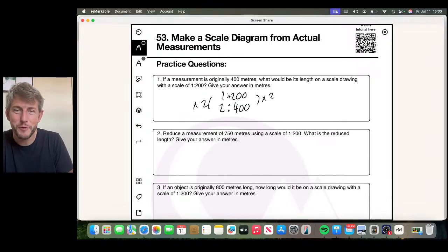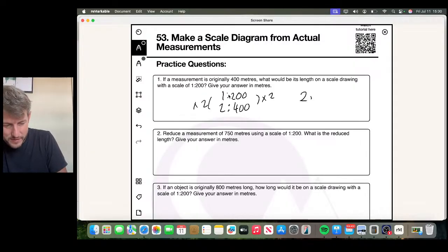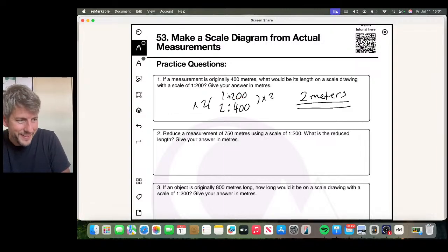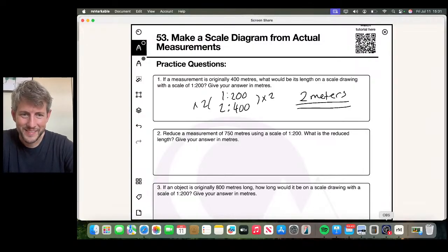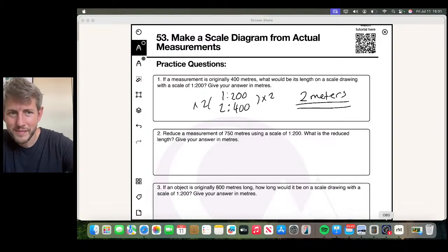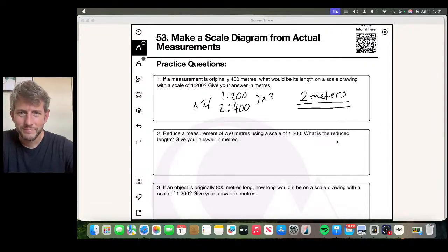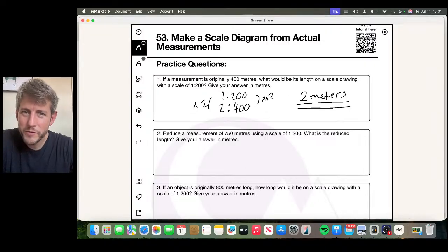So the answer for the first one is 2 meters.